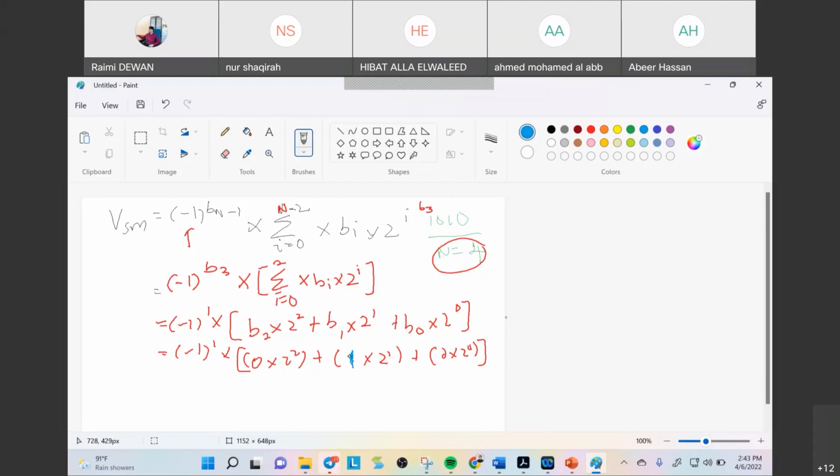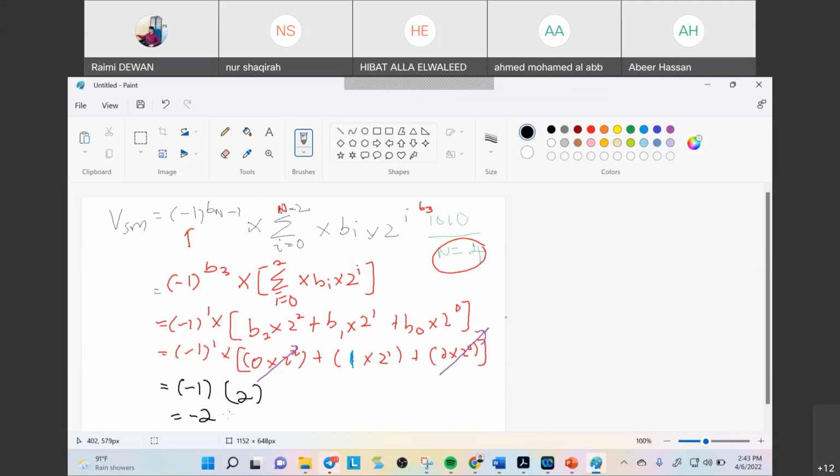So this one is 0, because anything multiplied by 0 is 0. Then this one is -1 to the power of 1, so you still have -1, and then you have 1 times 2, which is 2. So the value is actually -2.